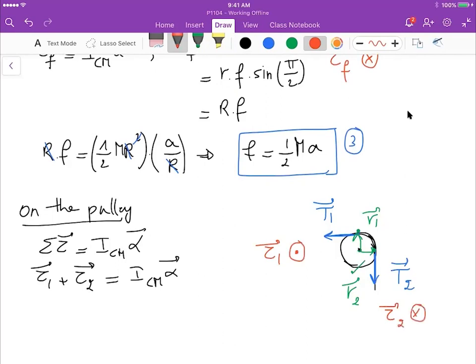بس كيف اتجاه دوران البولي؟ اتجاه دورانها clockwise مثل عقارب الساعة. فبالتالي الالفا is pointing inward مثل التau 2.